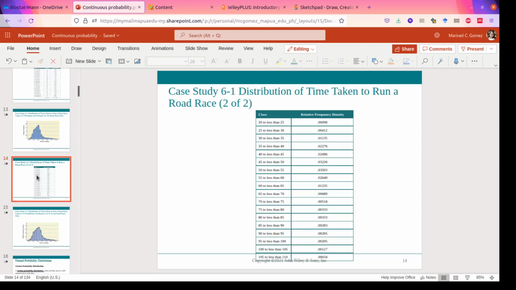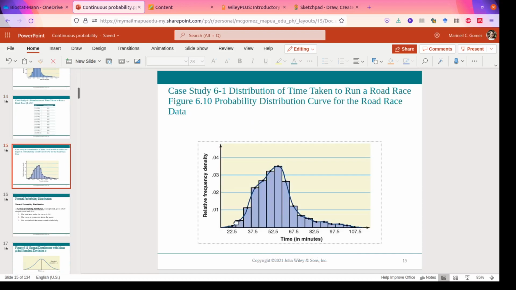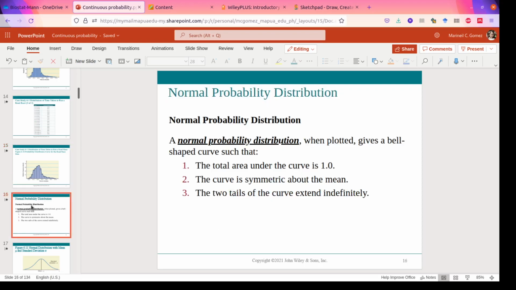So here is the frequency density of each value, which corresponds to the area beneath each curve. This is for the population data, where we have the complete population data. This is how we create the curve. However, if we are going to find out information from samples and not the population itself, that is where the normal probability distribution comes in.